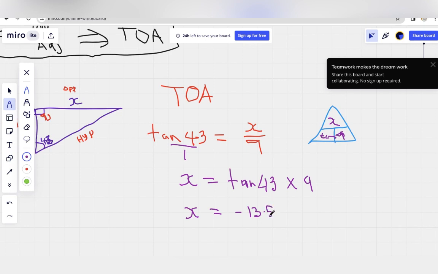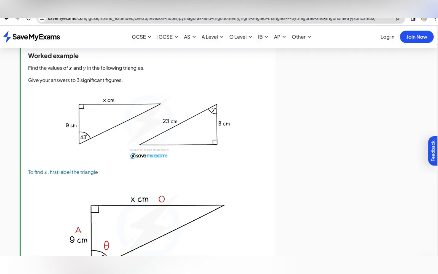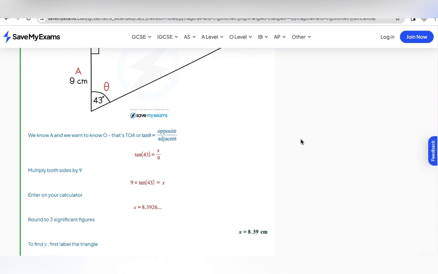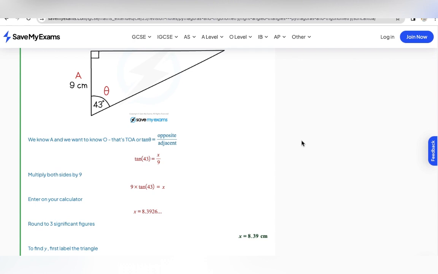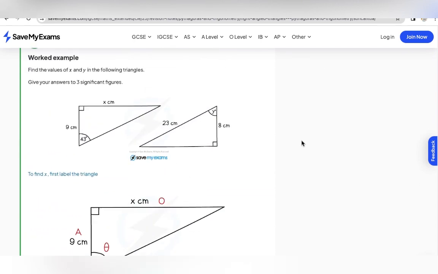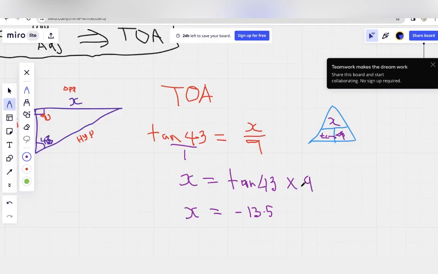We're not supposed to get minus, negative. Well, let's see. Press it again, tan 43. You're making a mistake. Press it again. Make sure that your calculator is in degree. If your calculator is not in degree, you get it wrong.